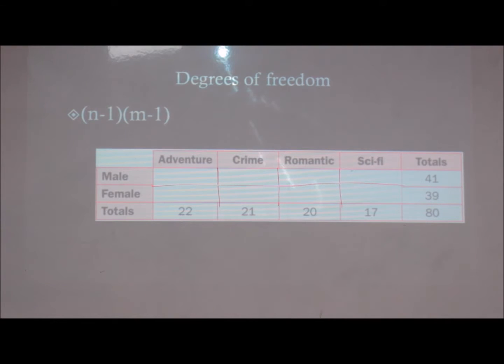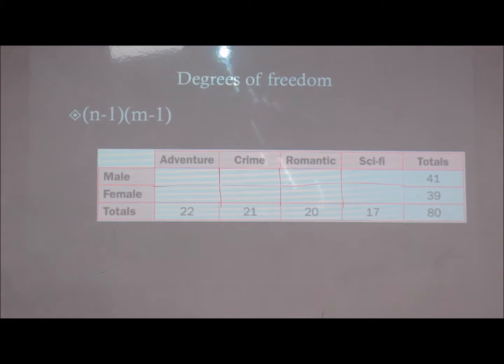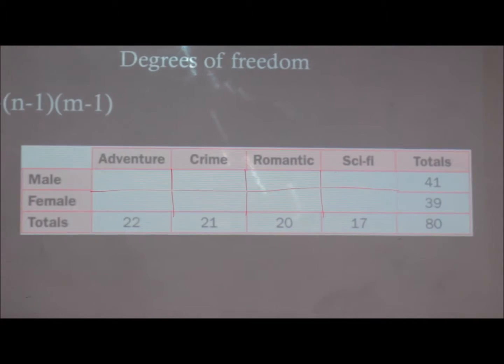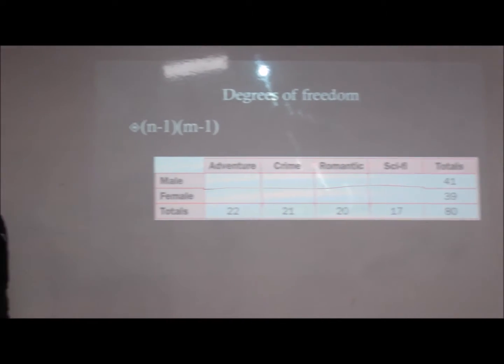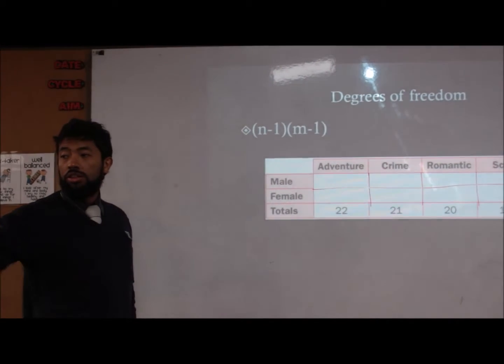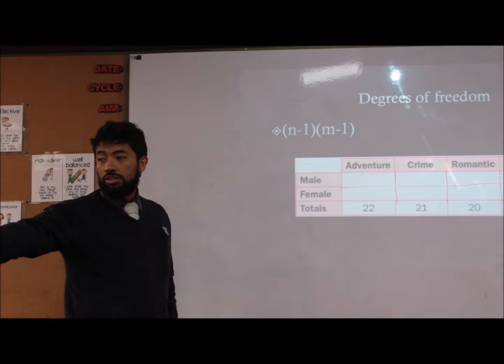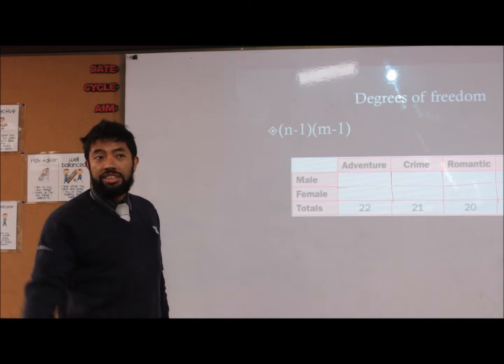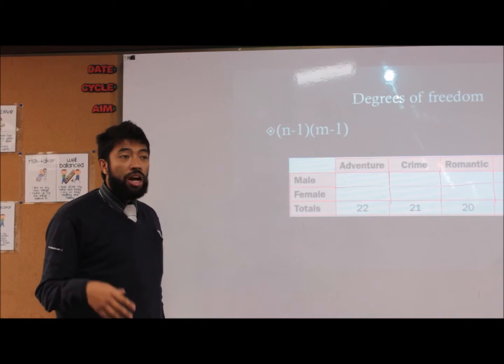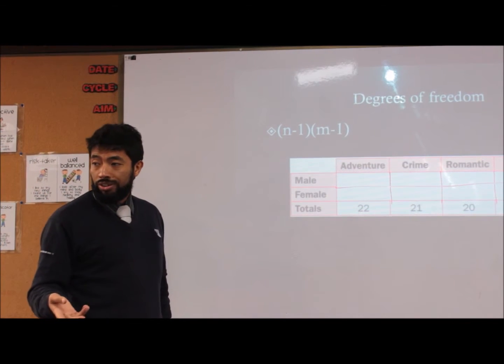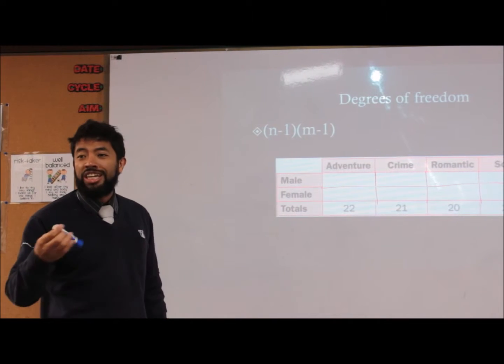So, before explaining again, what are degrees of freedom for this test? The spaces you can fill without worrying about the other data. Excellent. The spaces that you can fill randomly without taking care of the other data. So let's do it here.